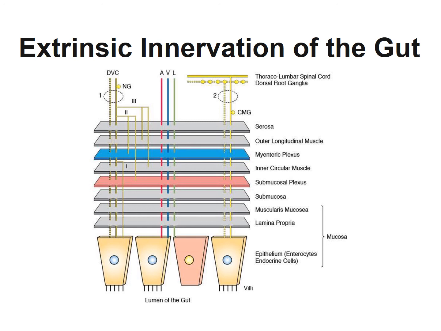This dorsal vagal complex consists of 3 nuclei: area postrema, one of the circumventricular organs in the central nervous system, which means that it lacks the blood-brain barrier.